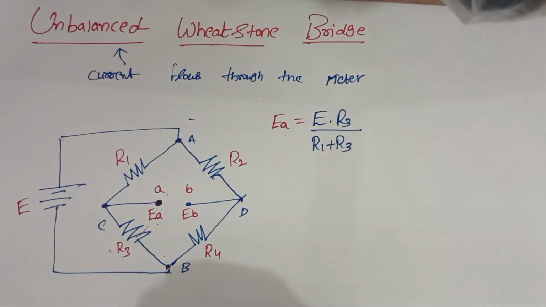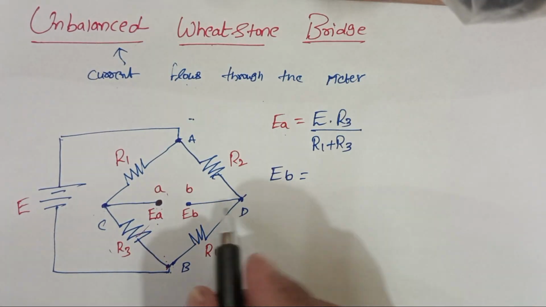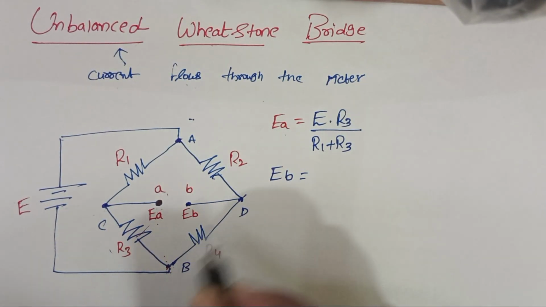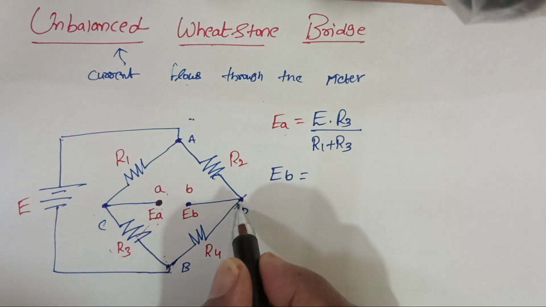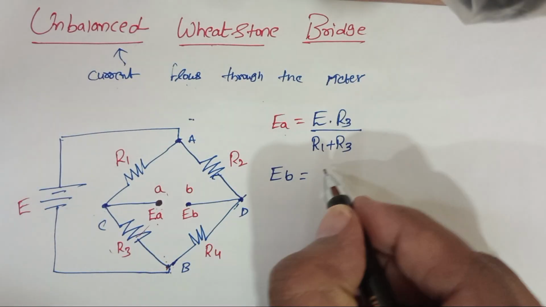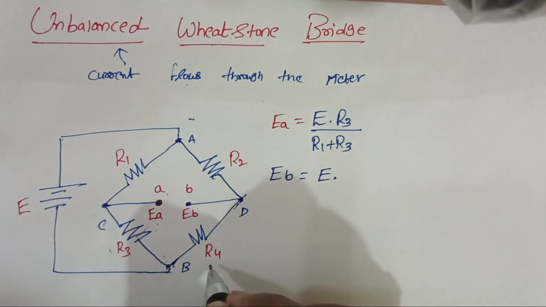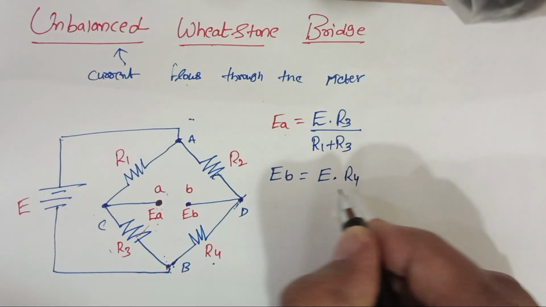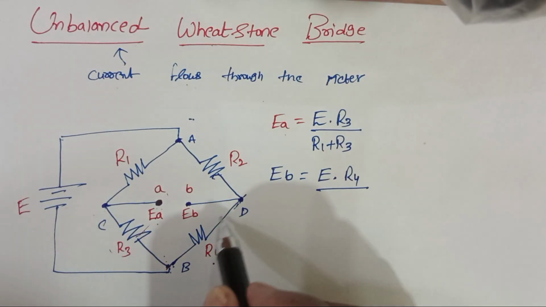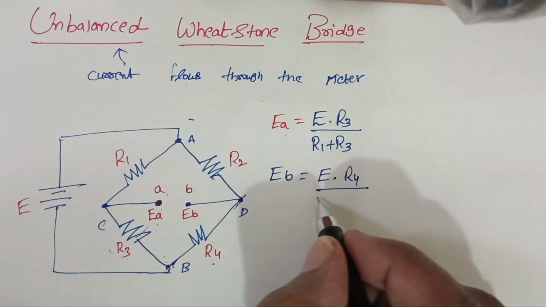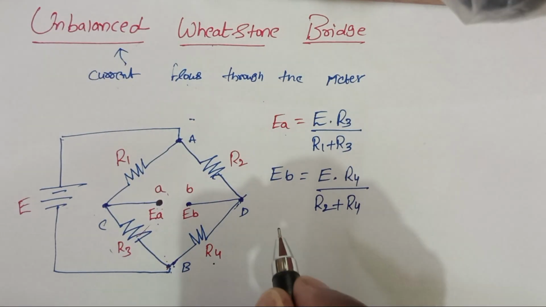Similarly, EB is the applied voltage times the across resistance R4, divided by the total resistance R2 plus R4.